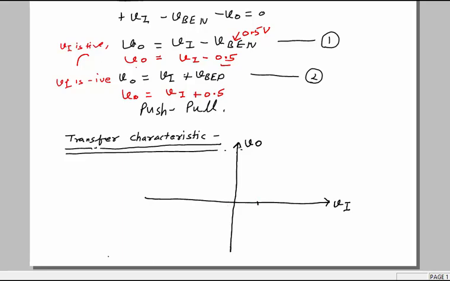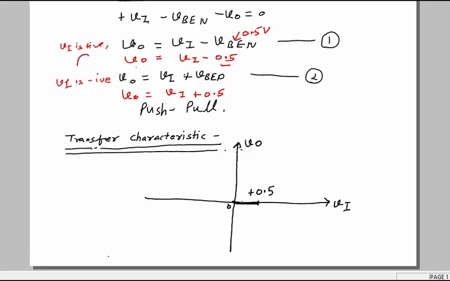Let us say this place is where Vi is plus 0.5. Here V naught is 0. I have made a dark line here. From 0 to Vi 0.5, V naught will be 0.